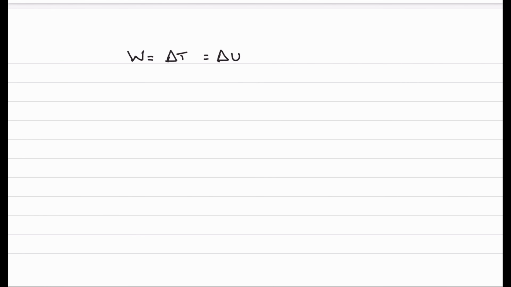That means work done is equal to, if you are convenient to call kinetic energy as K, then delta K is equal to K final minus K initial, that is equal to delta U, meaning U initial minus U final.